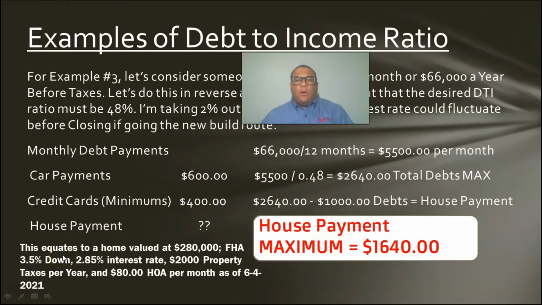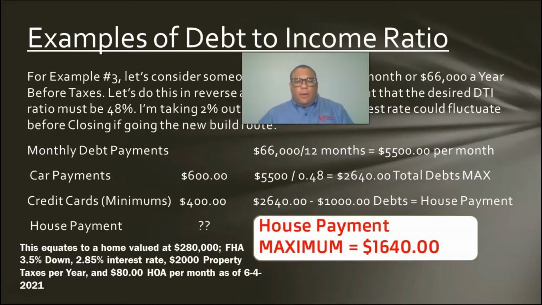This equates to a home worth about $280,000 on an FHA loan with 3.5% down payment, 2.85 interest rate, $2,000 in property taxes, and $80 in HOA per month as of June 4th, 2021.